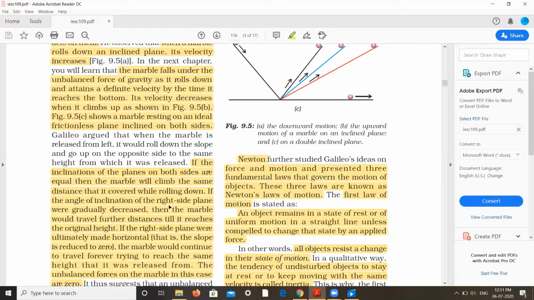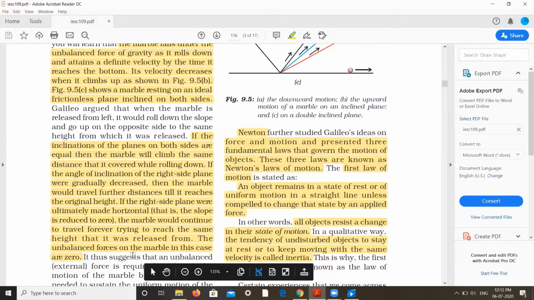When the angle of inclination of the right side plane is gradually decreased, the marble would travel the distance until it reaches the original height. If the right side plane were ultimately made horizontal, that is, the slope is reduced to zero, the marble would continue to travel forever, trying to reach the same height that it was released from. It means it covers an equal height if the inclinations are equal.